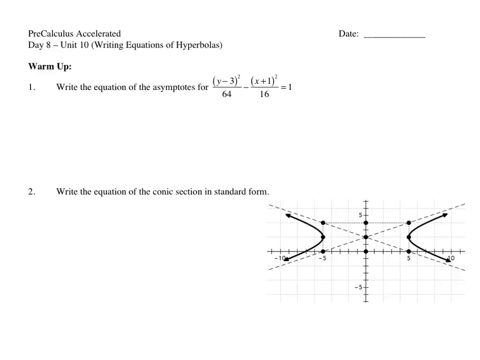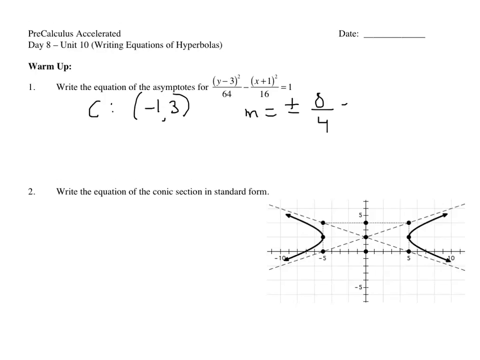So what I would do is the center is -1, 3. This is hard to write on. And the slope of the asymptotes is going to be plus or minus 8 over 4.